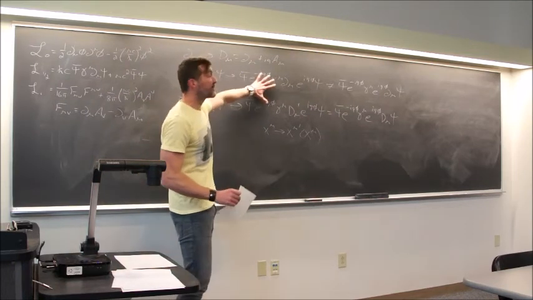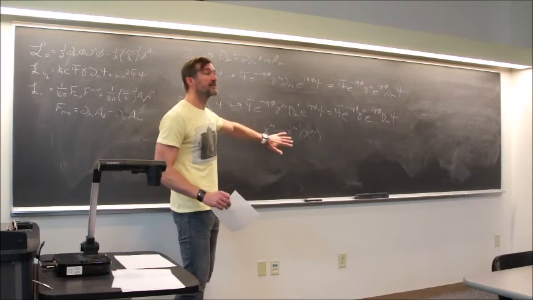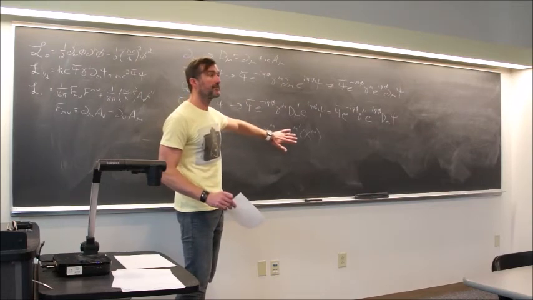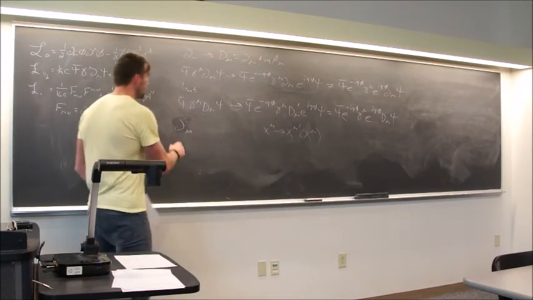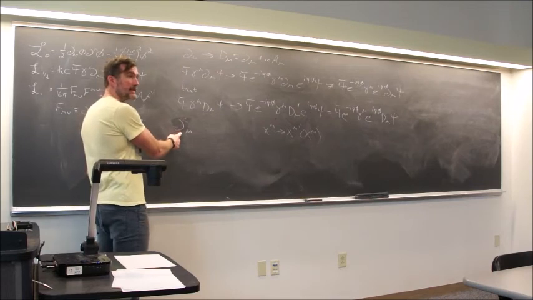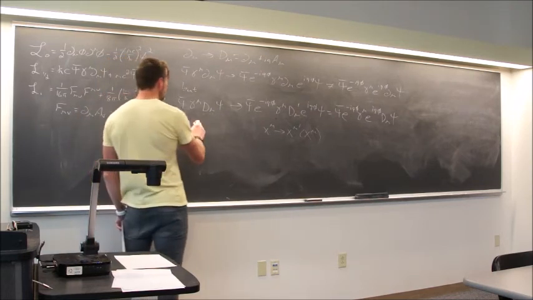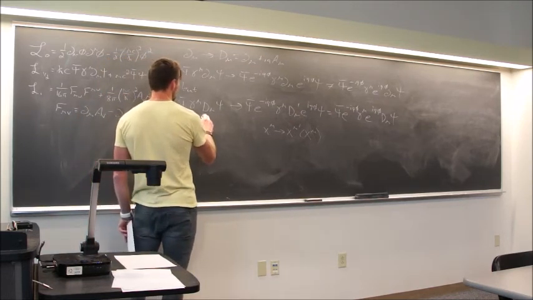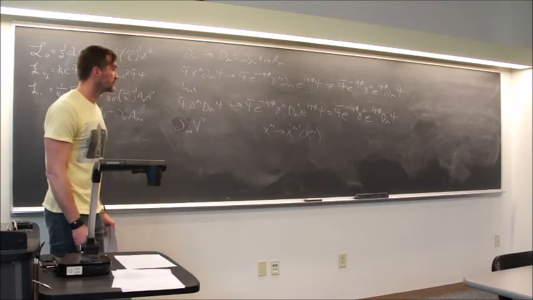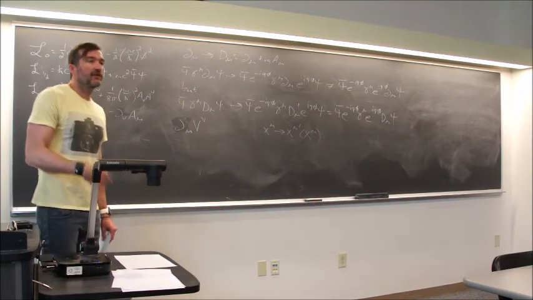So I'm doing something different now. This is what we just talked about. Now I'm talking about something different. What you would discover is that d mu, for example, d mu on a vector, does not transform in a nice way.